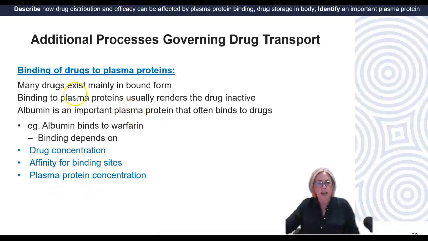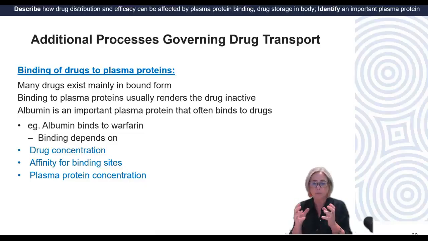I'm going to give you an example here to explain it to you. Let's say you've taken a Nurofen, so ibuprofen, right? About 90% of a dose of ibuprofen will bind to plasma binding protein. Once it's bound, it's in an inactive form.